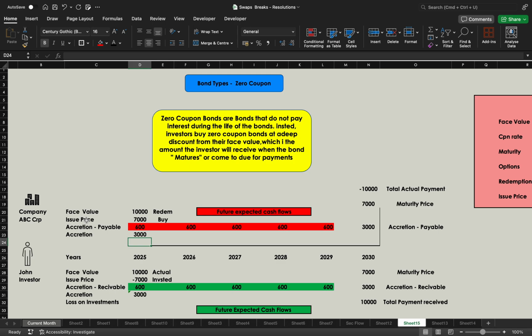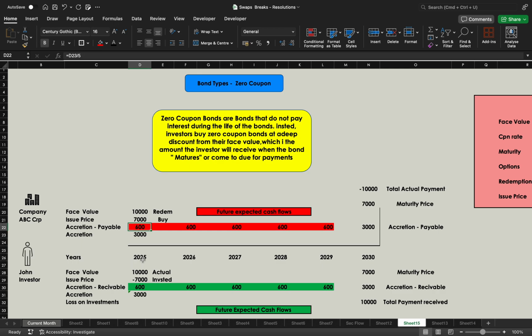That value will be treated as an incremental gain on investment, because here the company is not paying any interest. So the investor will treat that gain as accretion, and that accretion will be spread across the years.